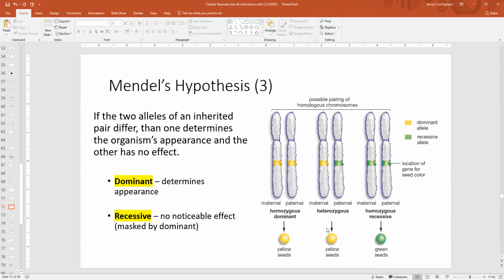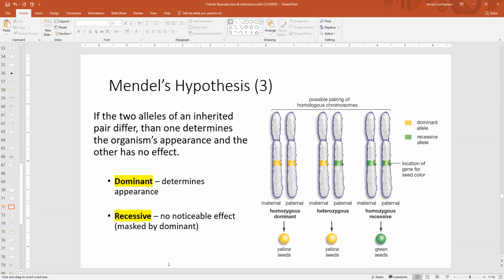In a heterozygous, you have two different alleles. You have both the dominant and the recessive allele present. And if the dominant allele is present, it will be expressed. And that's why in the middle, when you have the heterozygous pair, you get the dominant allele expressed, which is the yellow seeds. So a lot of times, heterozygous pairs, we would describe those as hets, just H-E-T.